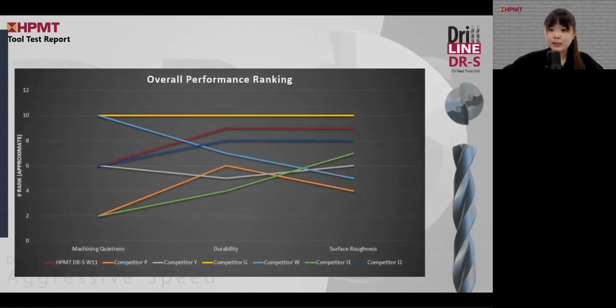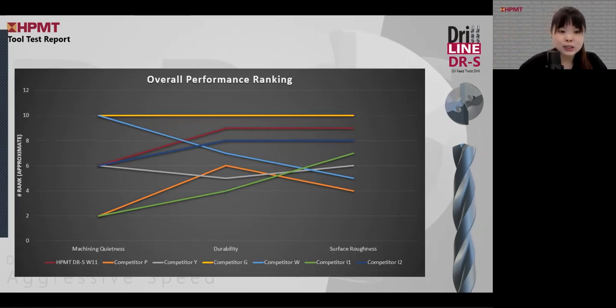And for a better overview, we take all these three different criteria, which are the machining quietness, the durability, and the surface roughness, and we put them inside this graph and plot their performance in terms of ranking, so you can have a better overview. You can see our DRS is represented by the red line.